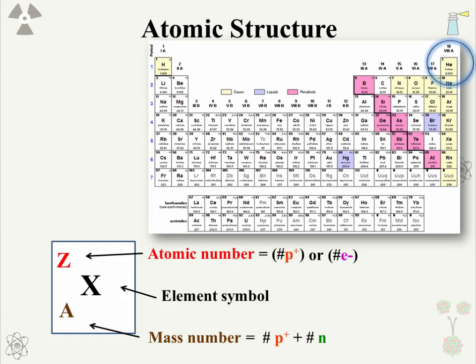Using helium as an example, it has an element symbol of He, an atomic number of 2, and a mass number close to 4. Remember, mass numbers in the periodic table are based on averages of a large number of atoms of that element.